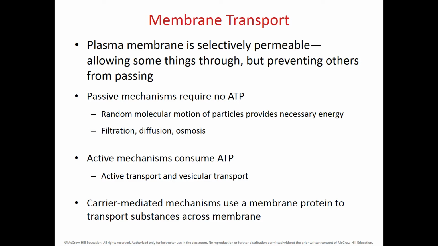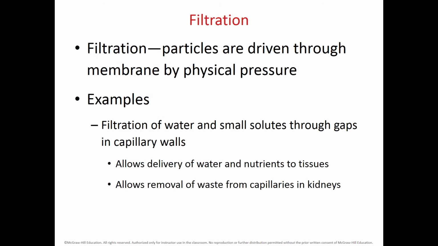Examples of active transport are active transport itself and vesicular transport. Another form of cell transport is carrier-mediated transport, in which a membrane protein binds to substances and moves them across the plasma membrane. This is called facilitated diffusion.